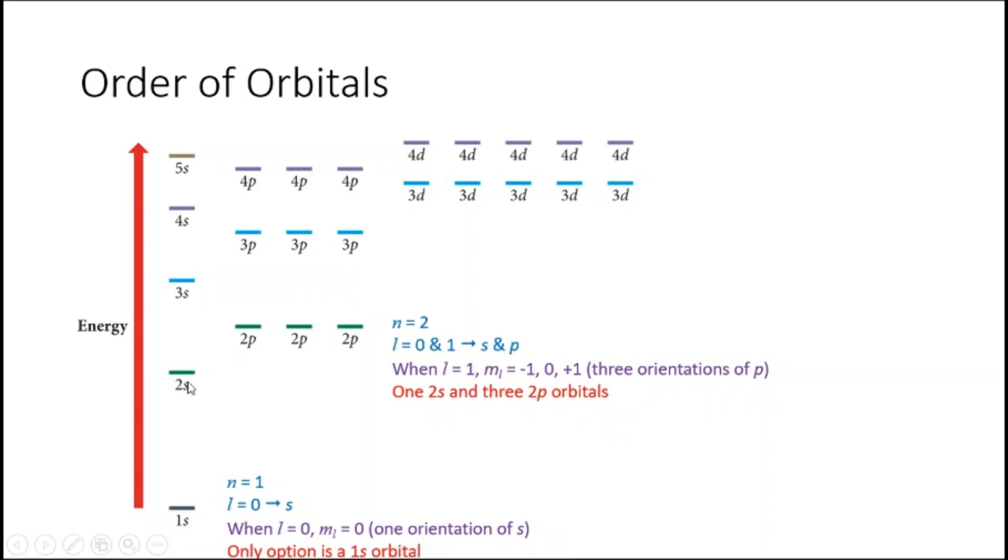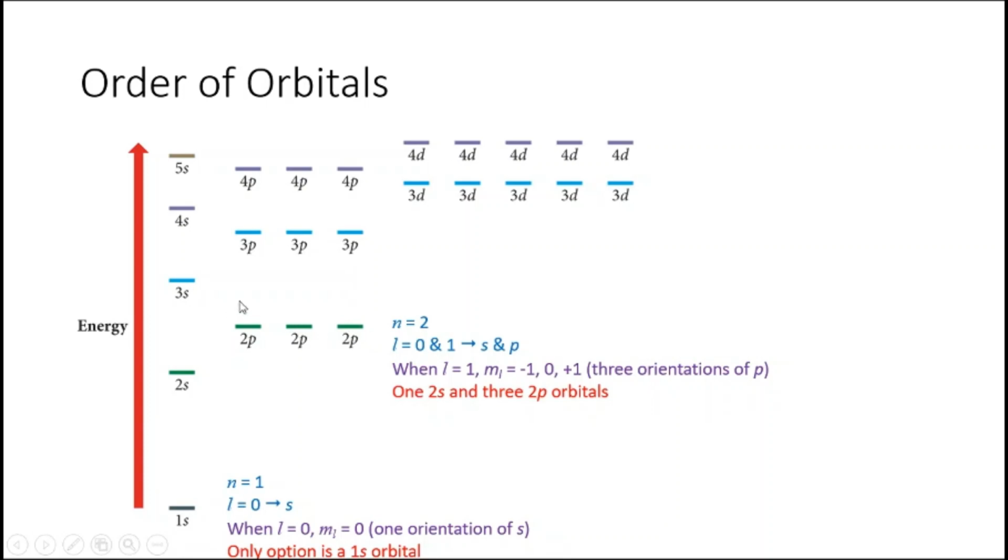But whenever your L is equal to 1, now you have three options. You have your M sub L equal to -1, 0, and +1. And because of that, you have three orientations in which your p orbitals can be shaped. Again, these are arbitrary numbers. I'm not saying this is -1, that's 0, and that's 1. All I'm really saying is there's three numbers here, so we have to have three lines.